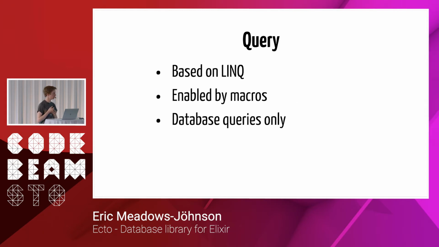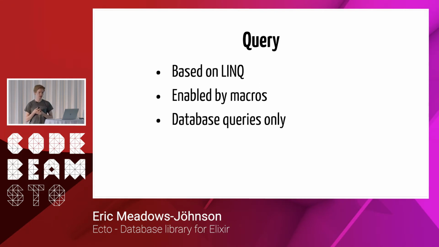Another difference from LINQ is that Ecto queries only work on databases. In C#, when they added LINQ, they also added all these methods with the same signatures that also work on in-memory collections. But in Elixir, we already kind of have that.